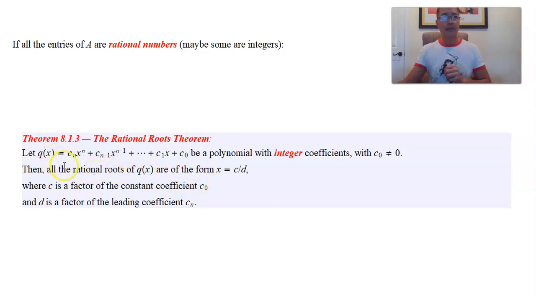So the rational roots of this polynomial now have to look like c over d, an integer over another integer. The numerator c has to be a factor of c sub 0, so that should sound familiar. But now the denominator d has to be a factor of the leading coefficient c sub n.